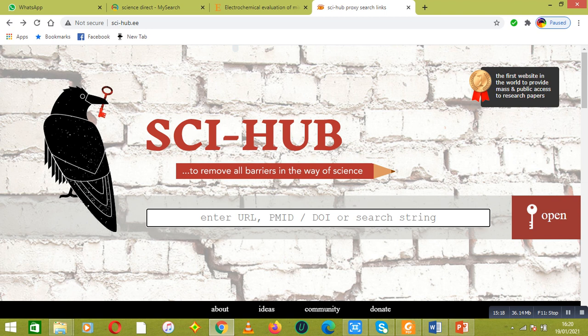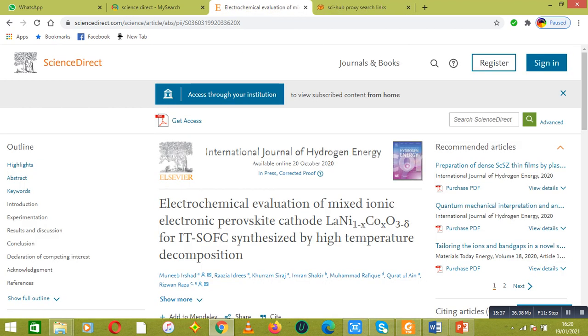Just copy that URL which is in blue color as you are shown. Copy this URL and then go to sciencehub.ee and put that URL. Okay, I have put it in and opened it.